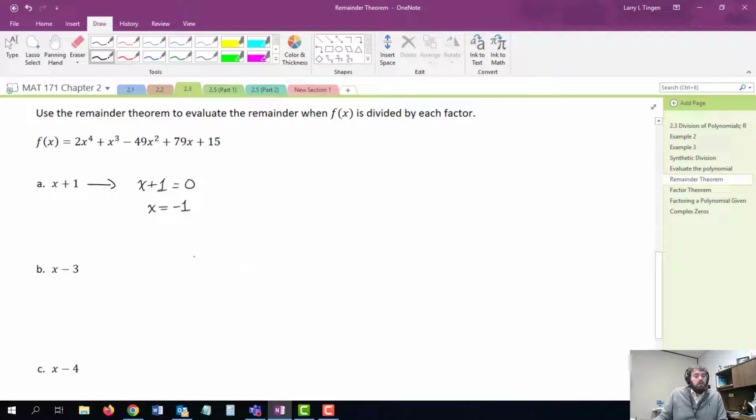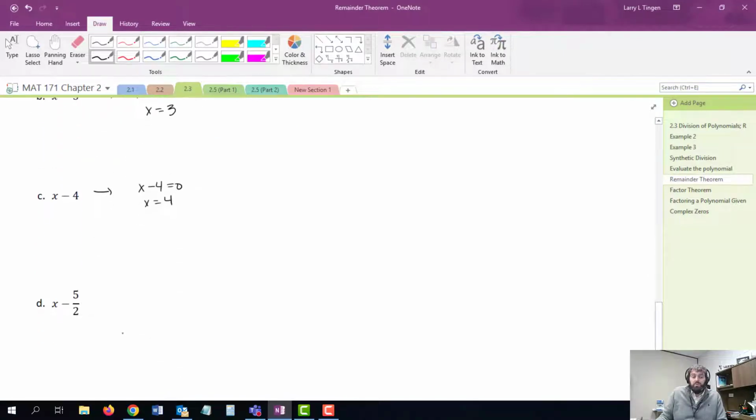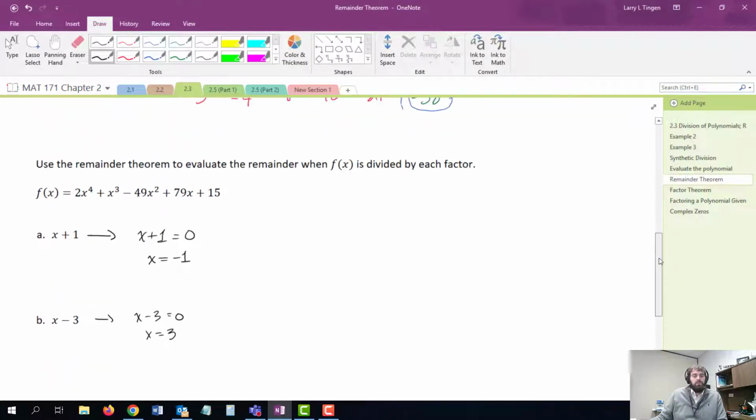Okay. For x minus 3, you probably won't have to keep writing this stuff out. I'm checking if 3 is a 0. For x minus 4, I'm checking if 4 is a 0. And for the last one, and there comes a fraction, I'm checking if 5 halves is a 0. All right.